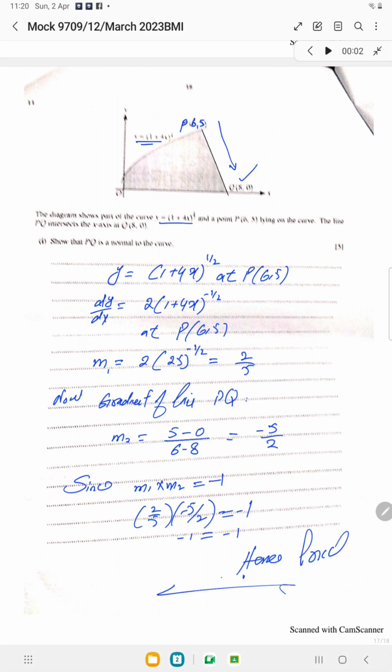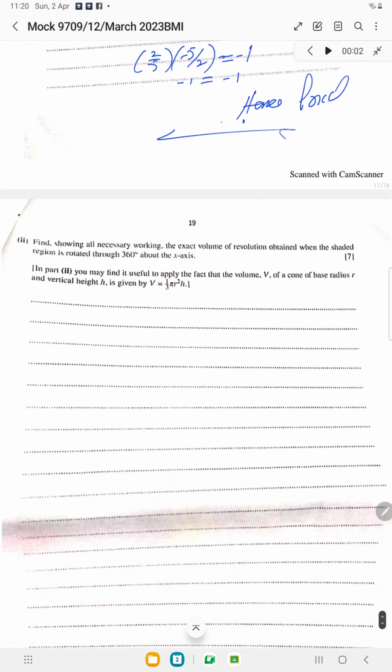Okay, the final part of the question. Find, showing all necessary working, the exact volume of the revolution obtained when the shaded region is rotated. Okay, it's simple.